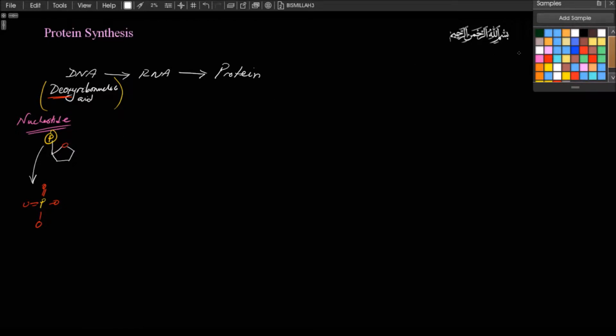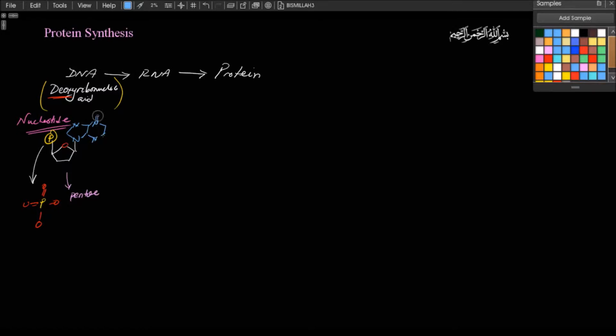So a nucleotide is therefore a sugar. Now, this is a pentose sugar, right? That means a 5-membered ring sugar. And it has a phosphate group on that end, and on this side is attached a nitrogenous base. A nitrogenous base is called that because it has boatloads of nitrogen as part of its constituents, like this.